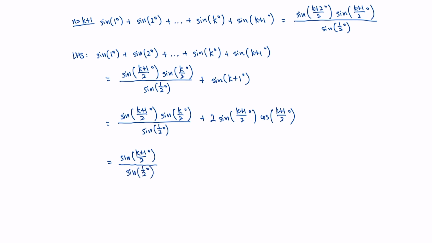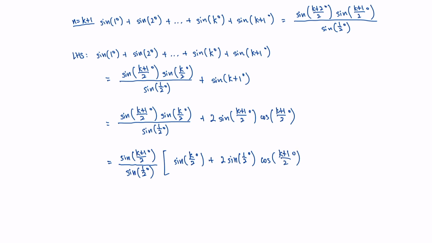So let's leave that out. Right, so the first one will be sine of k over 2 degrees, and the second one, what have we done? We've done 2. We need the 2. We've factored out this first term, but we've multiplied it by sine of a half degrees as well. And now we have cosine of k plus 1 over 2 degrees.